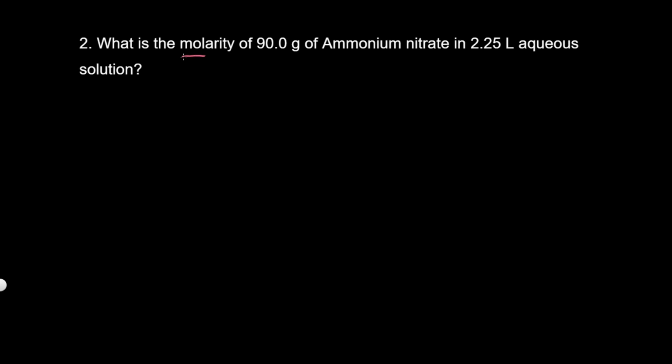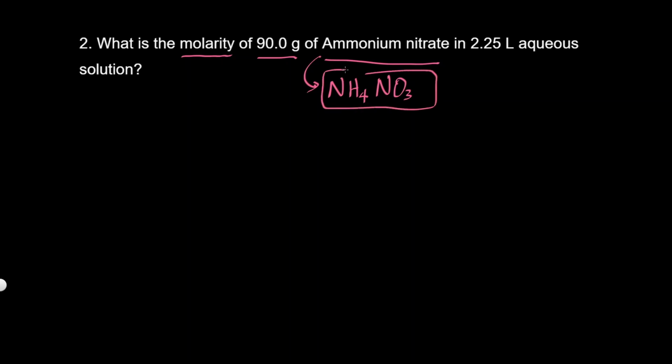It's asking for the molarity of 90 grams of ammonium nitrate. If you don't know the formula for ammonium nitrate, you can't do this one. Ammonium is NH4 with a +1 charge, and nitrate is the NO3 ion with a -1 charge, so they cancel out each other charge-wise. So this is the formula for ammonium nitrate, and we're given liters.